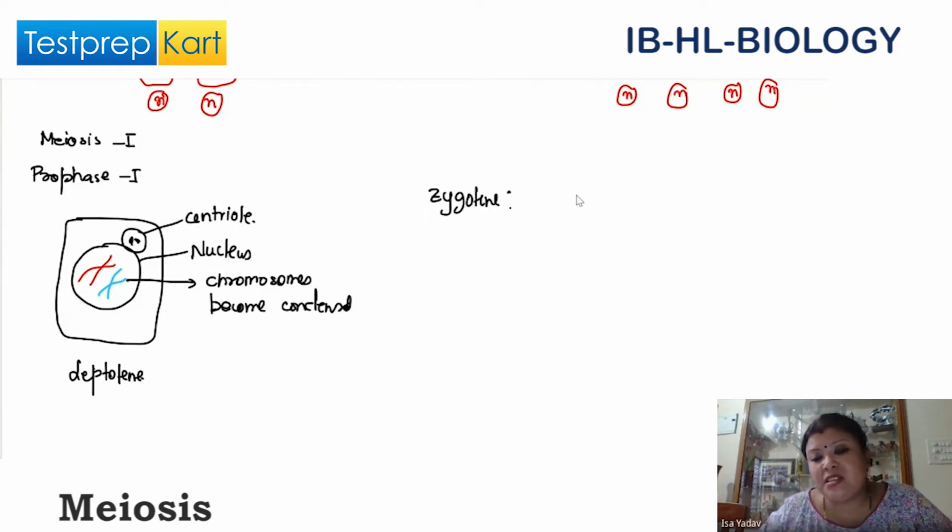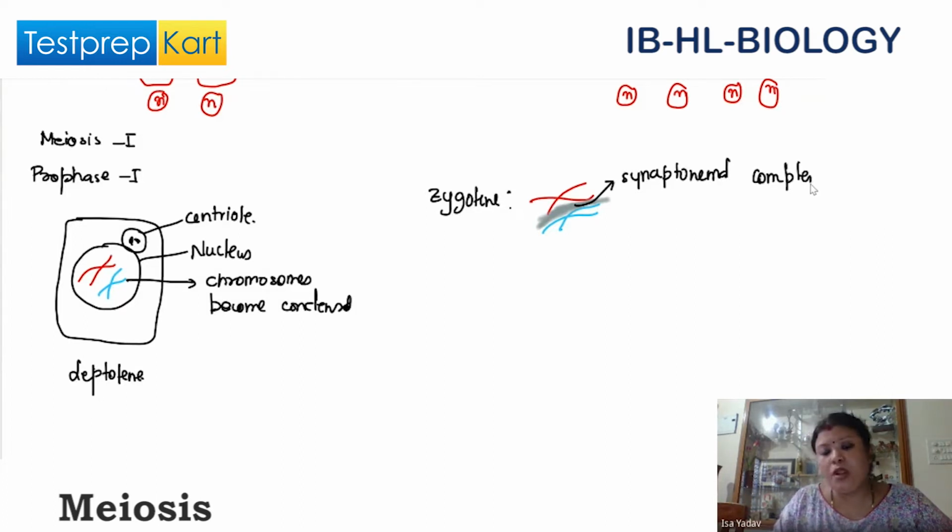The nuclear membrane is still there. In zygotene, the chromosomes are placed together by a strand which has a lot of RNA. This is called the synaptonemal complex. This complex keeps both the chromosomes together.